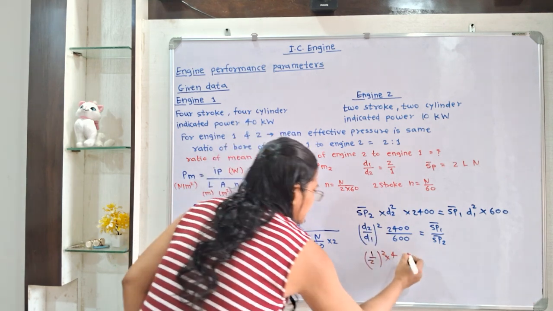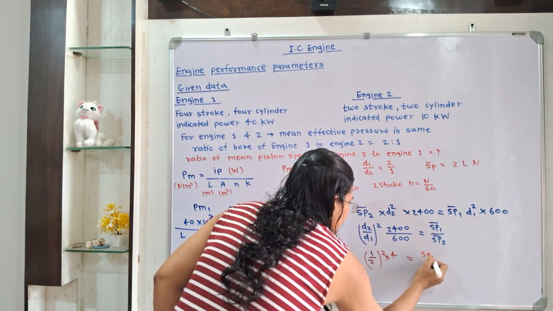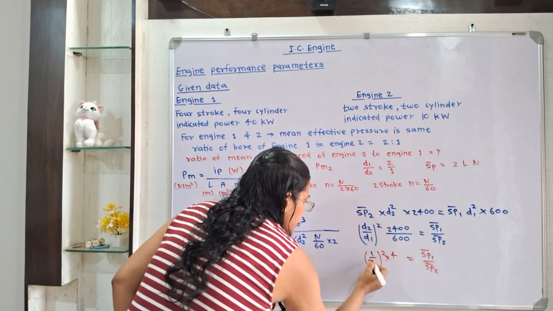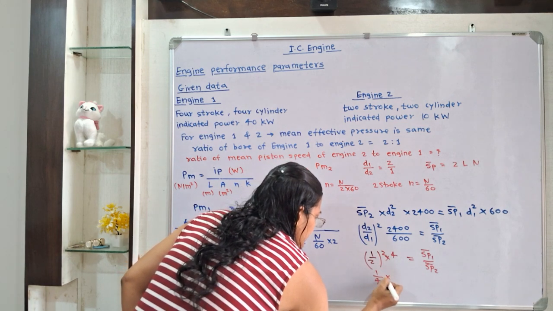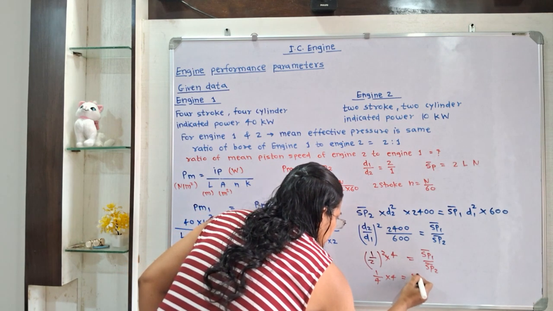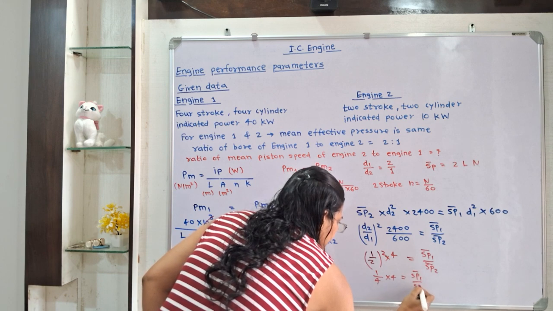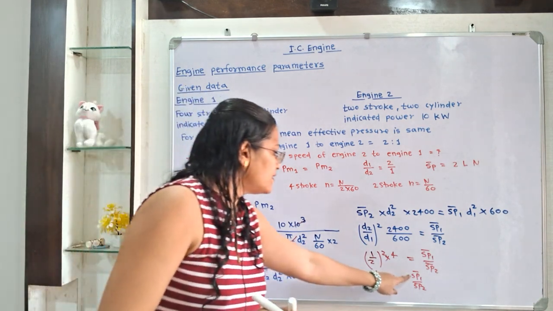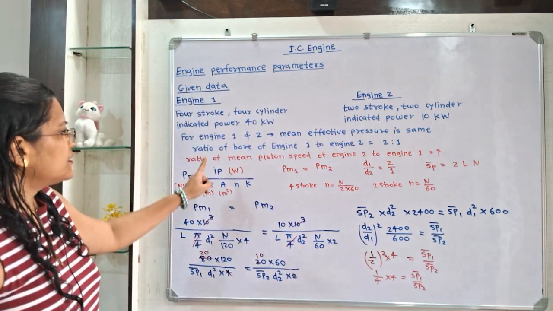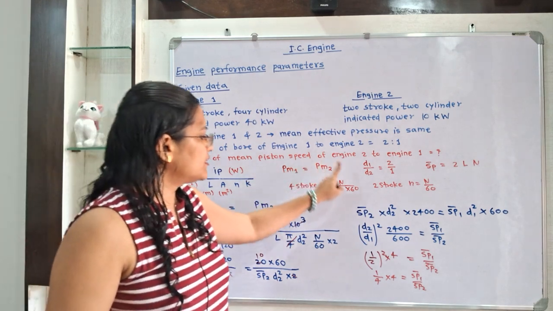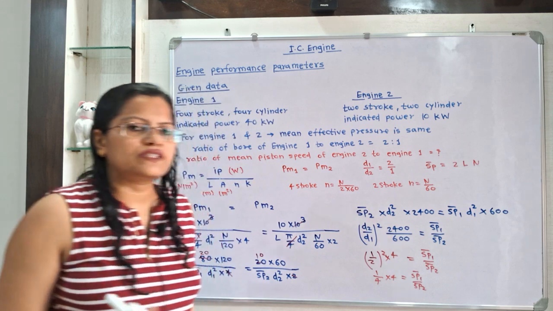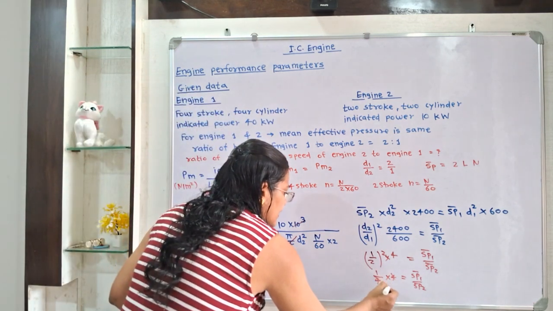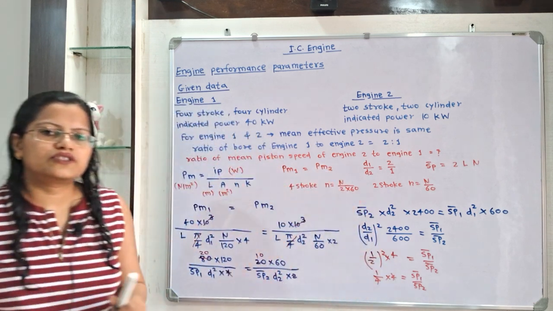If we simplify this, it is equal to SP1 bar by SP2 bar. So here 1 by 4 multiplied by 4 is equal to SP1 bar by SP2 bar. Now if we simplify this, then we can say that the mean piston speed of engine 1 is equal to the mean piston speed of engine 2. So this is the answer, because this 4 is getting cancelled and the ratio is 1:1.